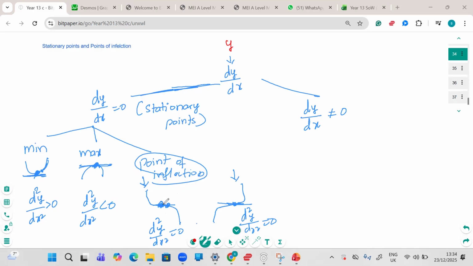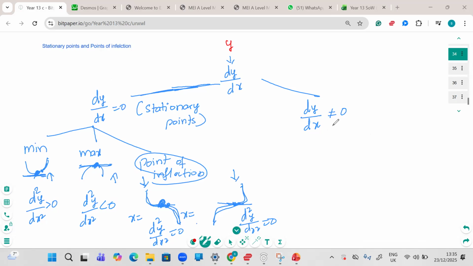Whatever the point is, let's say x equals 2, you take a smaller value than x and a bigger value than x and you see the nature of it. Okay, we will discuss that shortly. So these two are straightforward, they directly tell you minimum or maximum. But here you need to know if the curve is like this or like this. This is the part when dy by dx equals 0.